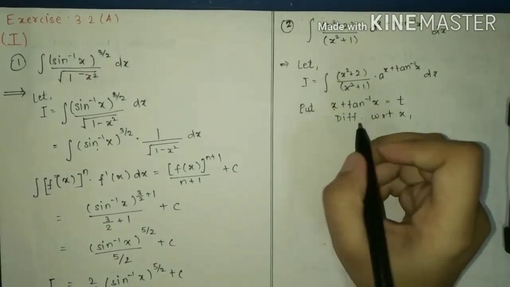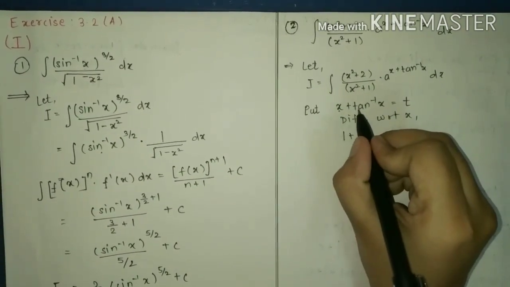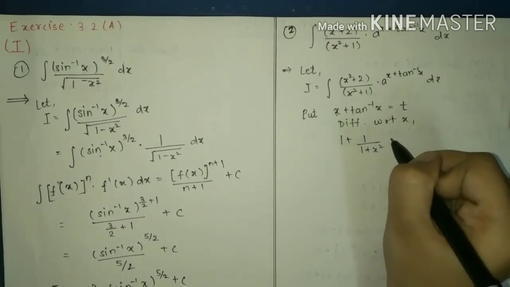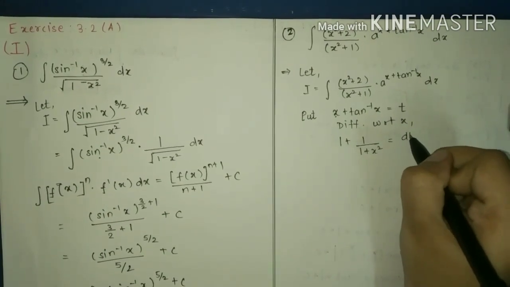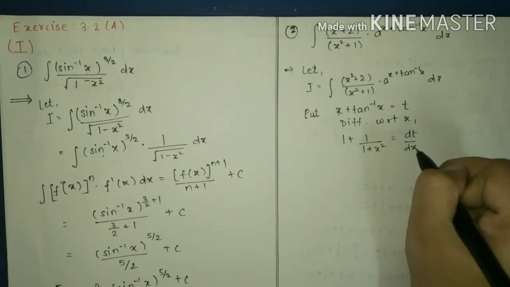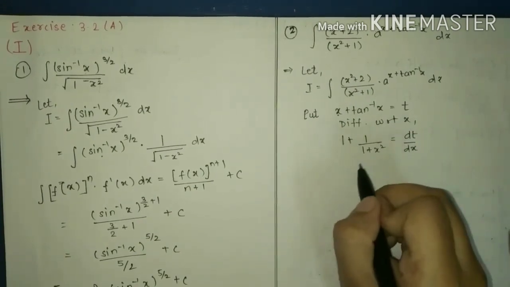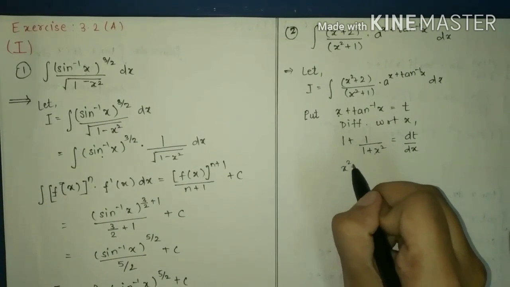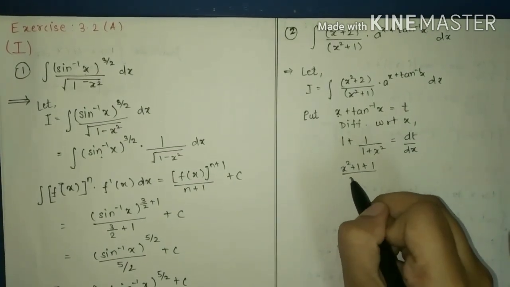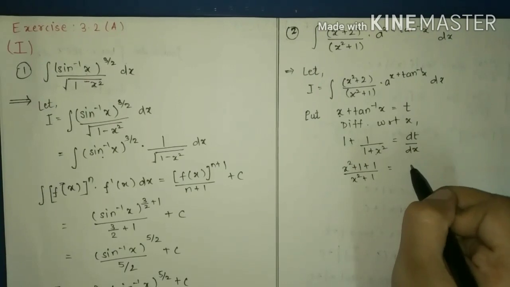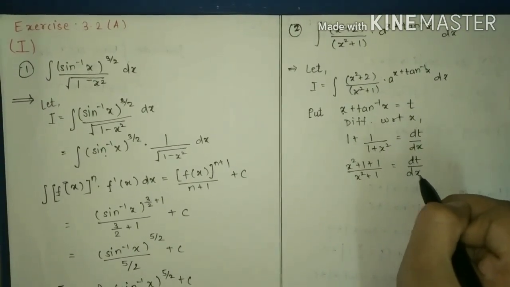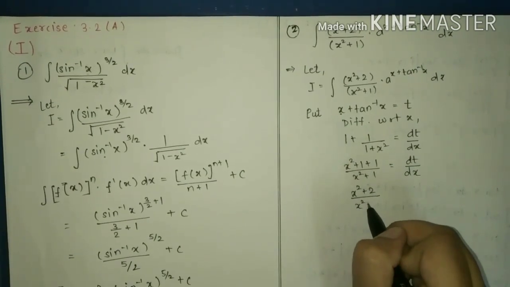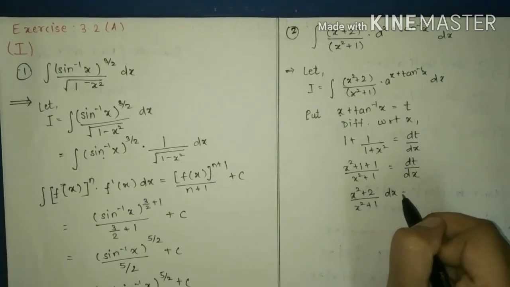When we differentiate x, it becomes 1, plus the derivative of tan inverse x, which is 1 upon 1 plus x square, and differentiating t gives dt by dx. Simplifying, (x square plus 2) upon (x square plus 1) is equal to dt by dx. So (x square plus 2) upon (x square plus 1) dx is equal to dt.